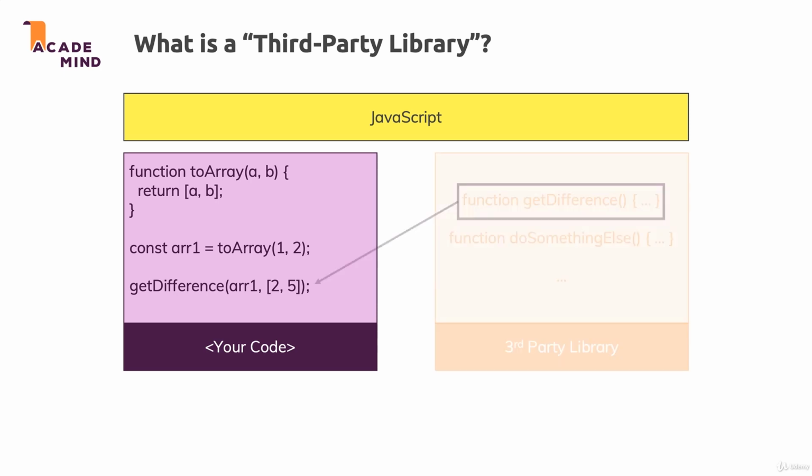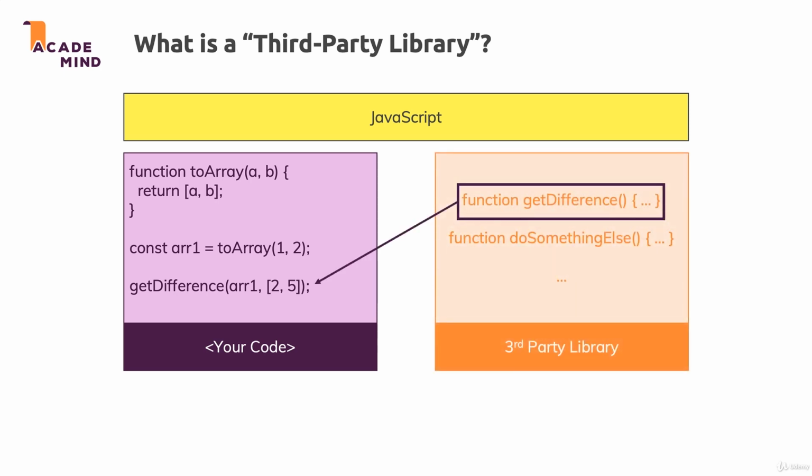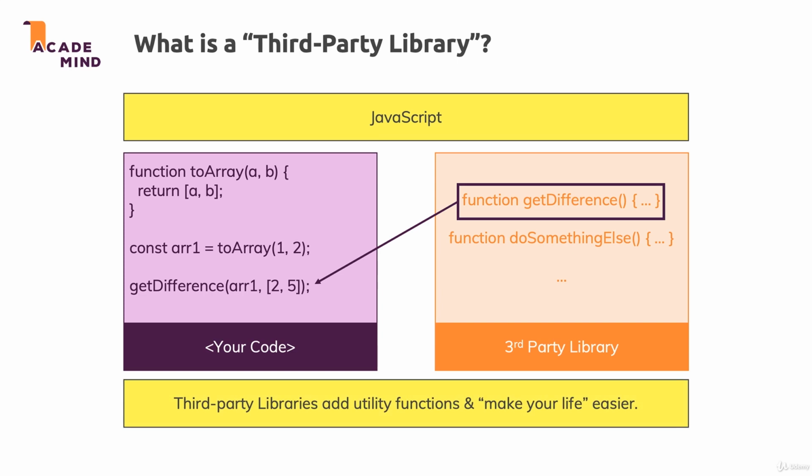Now that's where third-party libraries come in. Third-party libraries are essentially packages of code, typically packages of functions written in JavaScript, which have all that logic in them, so that you can just reach out to these predefined, pre-written functions and functionalities and use them in your project. So third-party libraries are really all about adding utility functions of different complexities.